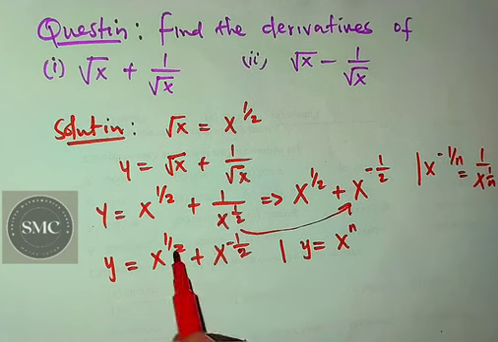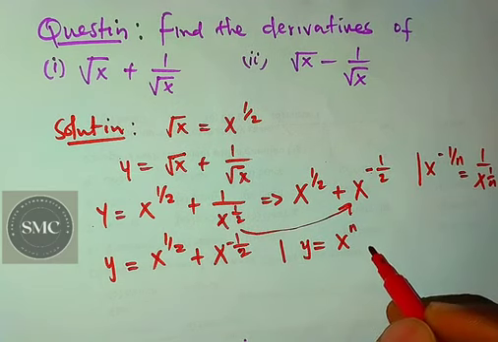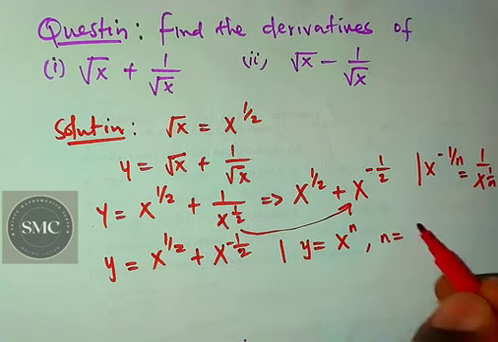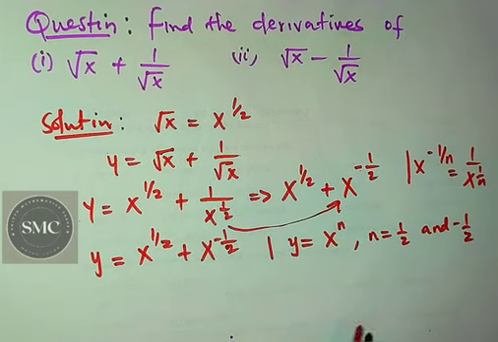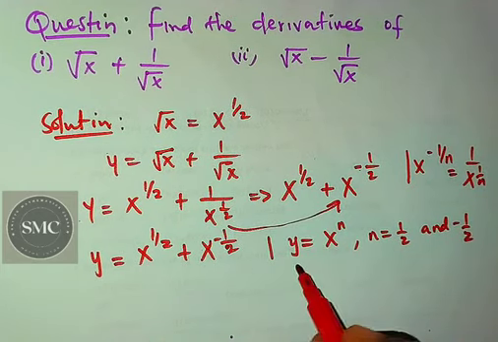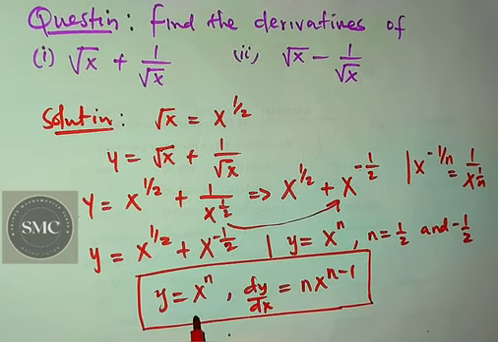So our n here is 1 over 2 and minus 1 over 2. Is that understood? So now we are going to apply this rule: when you have y equals x to the power n, the differential coefficient, or the derivative, of x to the power n is going to be this. So that's what we are going to be using.